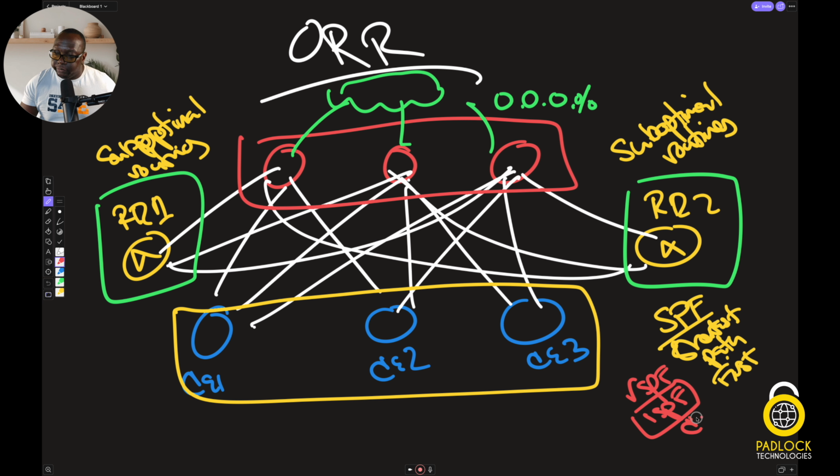There's CSPF, which is for MPLS TE, and it runs based on constraints, so this is constrained shortest path first. Once you create your constraints, such as bandwidth and all kinds of constraints you can have in MPLS TE, it will run CSPF. But I'm really concerned about RSPF.